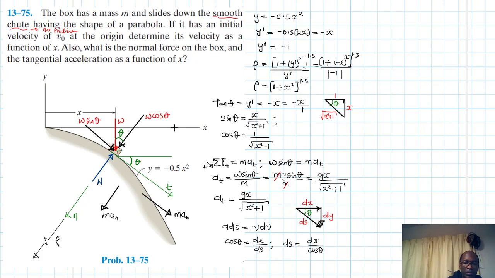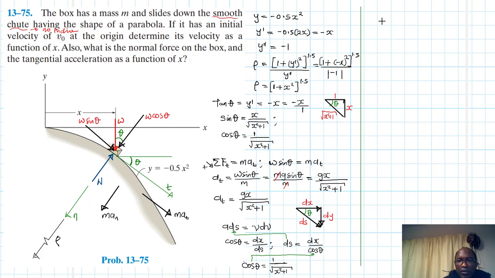And let's remember, we know what cos theta is, which is equal to 1 divided by root of x squared plus 1. We need to replace this here.